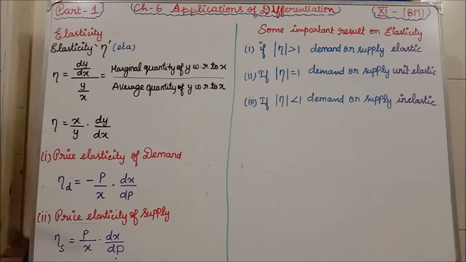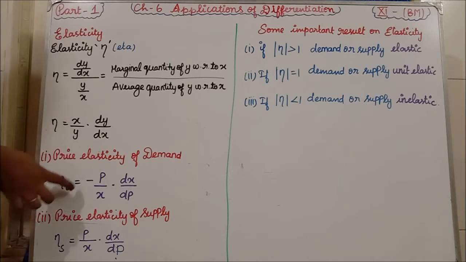Here we have price elasticity of demand, where P is the unit price and X is the demand. The elasticity of demand with respect to price is defined as eta d.